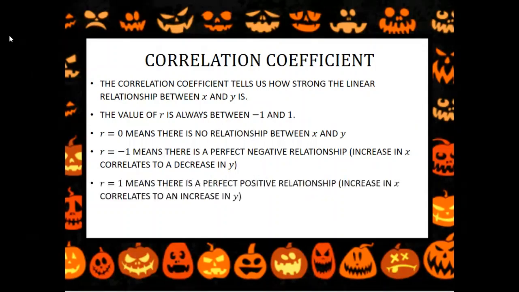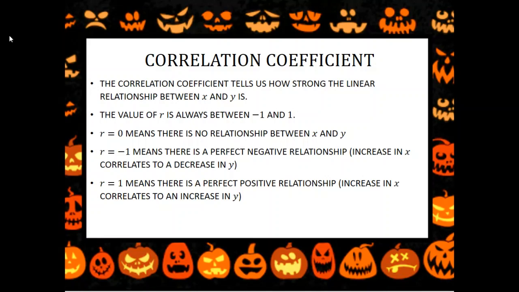If R equals 1, that would be a perfect positive relationship. So remember, positive with increase in x means an increase in y. The longer you study, the better your grade. The older you are, the taller you are. So an example of a negative relationship, we haven't mentioned one.